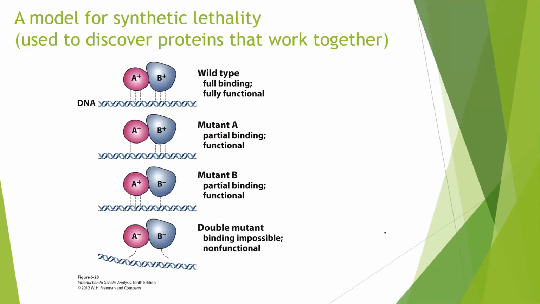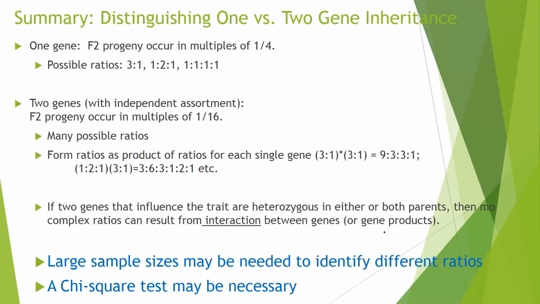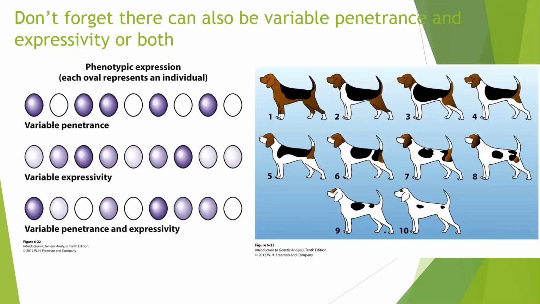So I think this is also the summary here. This is the final slide for lecture 10. Even though we talk a lot about the genetics behind one gene or two genes, do not forget the environmental factors should also be accounted for, right?